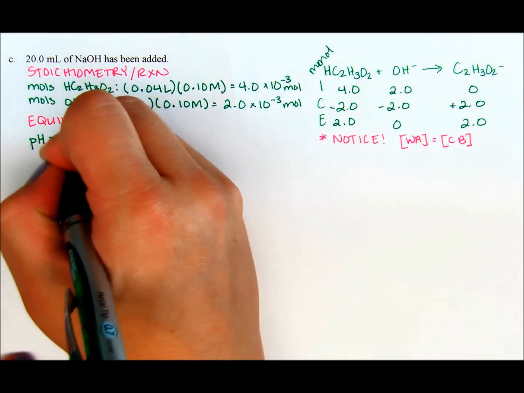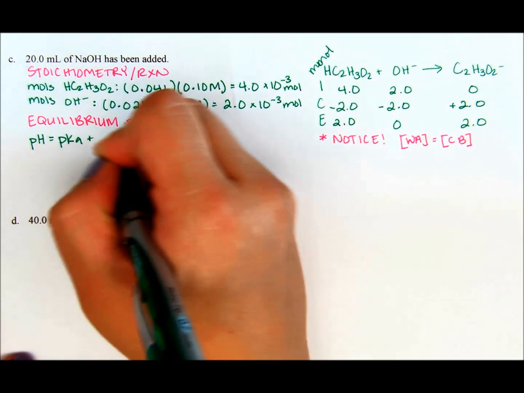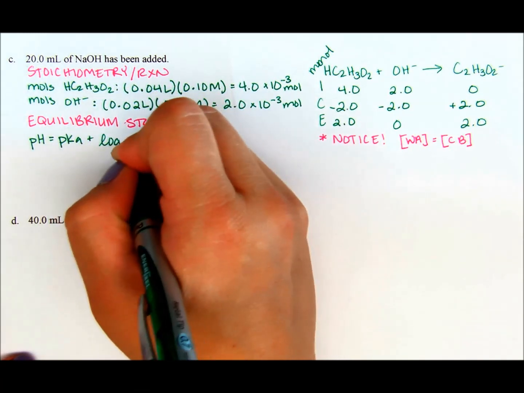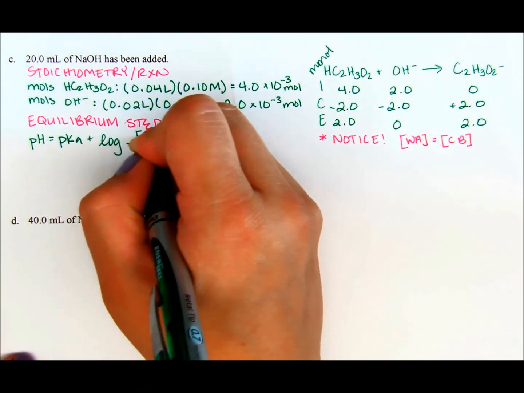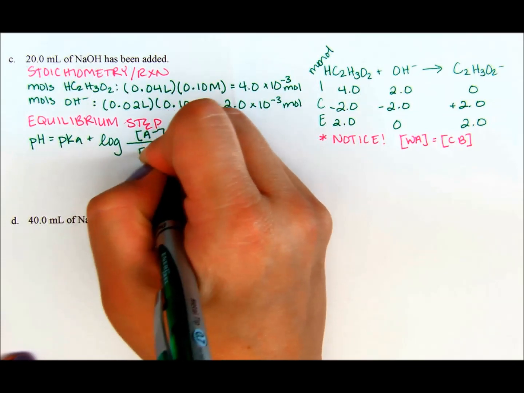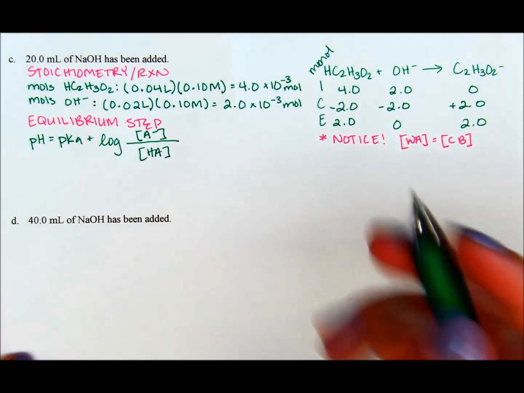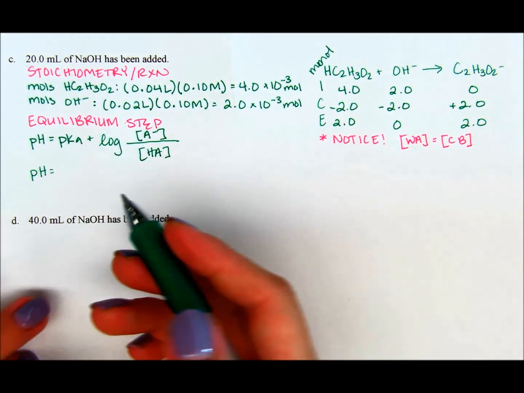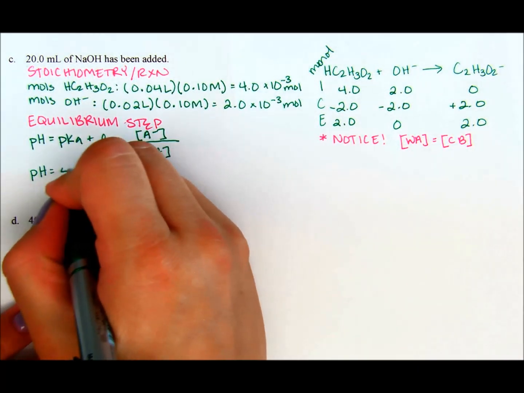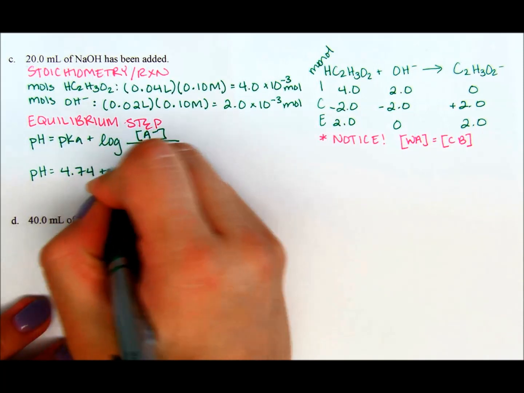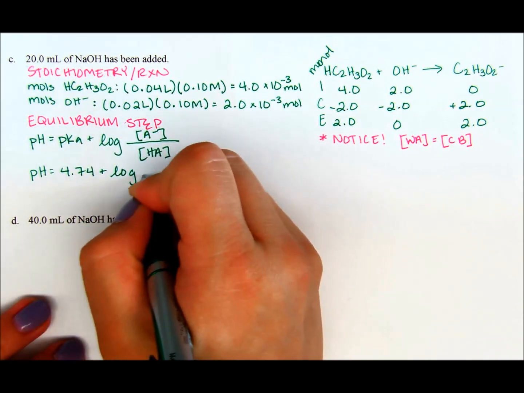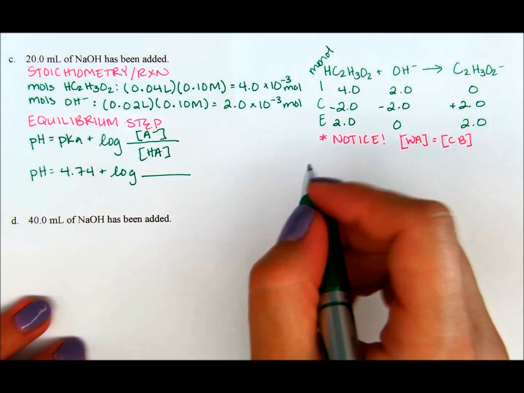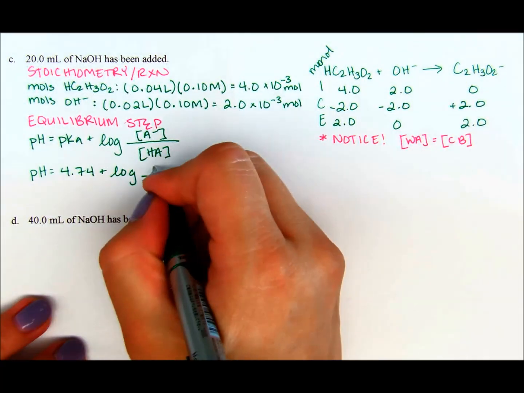So pH equals pKa plus the log of A minus over HA. Plugging this in, your pH is going to be equal to, and we figured out the pKa in the last step, 4.74 plus the log of A minus, which is your acetate.